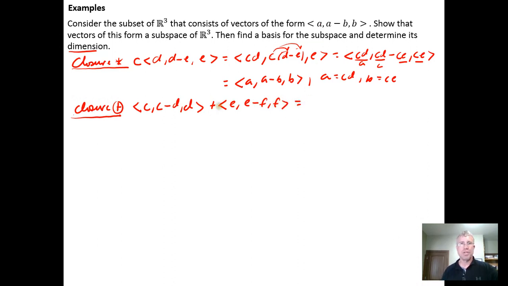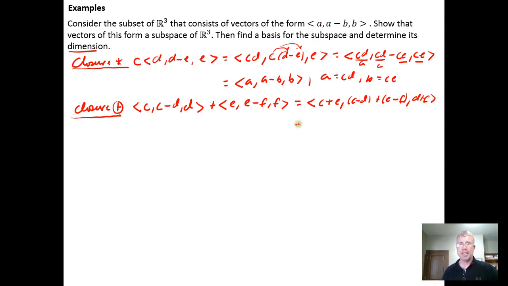Then we just do the addition. We get c plus e in the first component, then c minus d plus e minus f, and then d plus f.